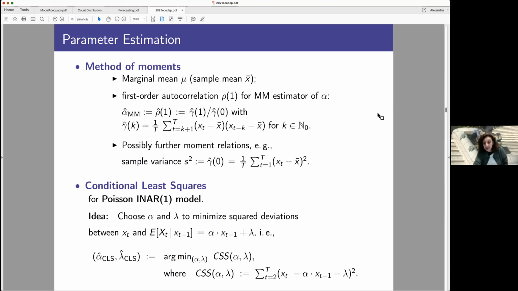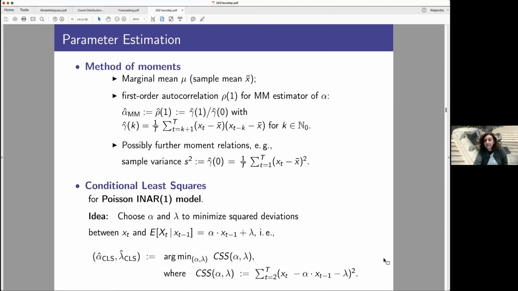Another possibility is conditional least squares. Just writing down the difference between the observation and the conditional expectation. So we have to minimize the squared difference of X_t minus alpha X_{t-1} minus lambda.